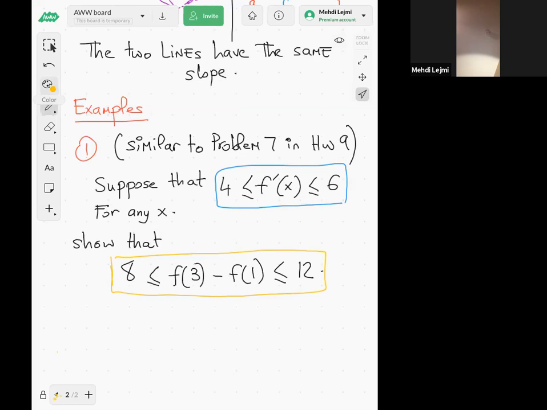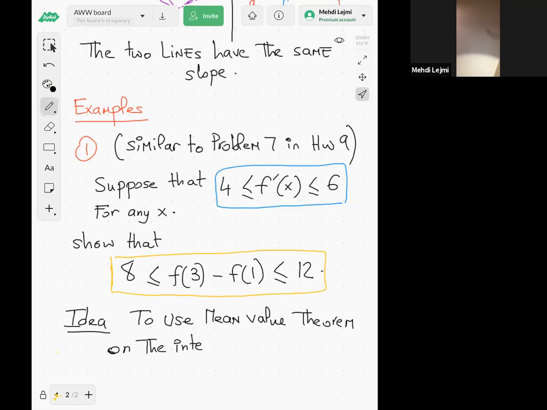The idea is to use the mean value theorem on the interval 1, 3, because we are interested in the values of f of 3 and f of 1.